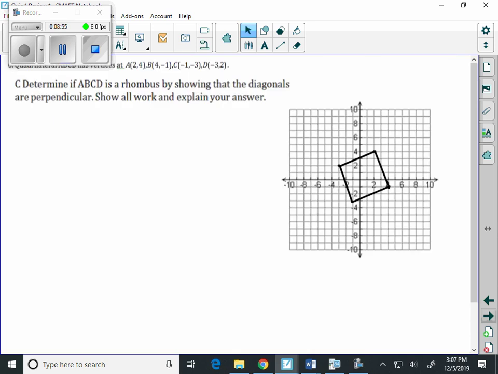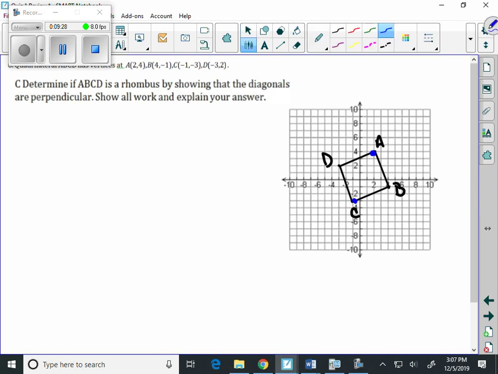Part C. We want to determine if ABCD is a rhombus. So, as I put the letters back in again on this one, here's our A, B, C, and D. We want to, again, show the diagonals are perpendicular. So we want to look at diagonal AC.